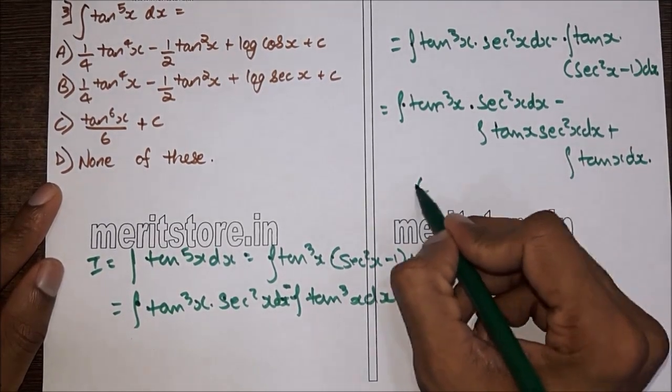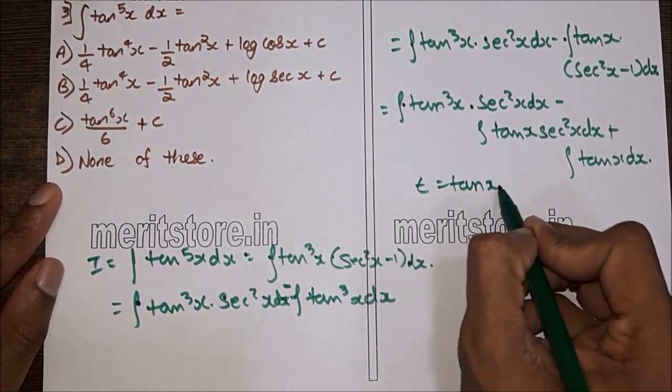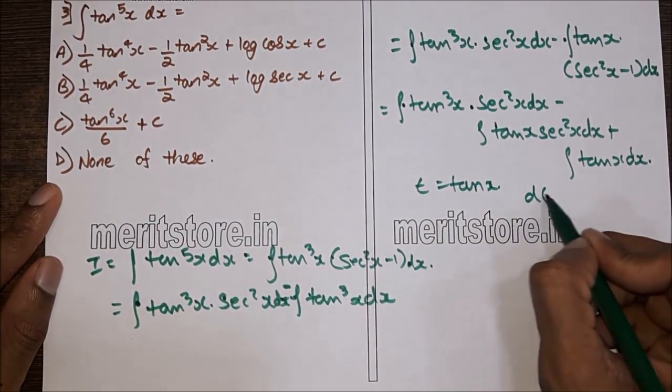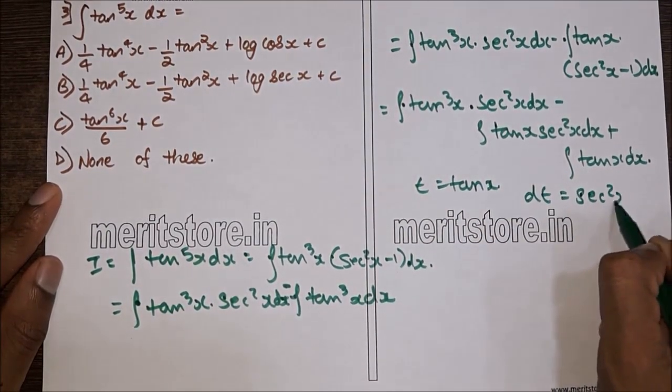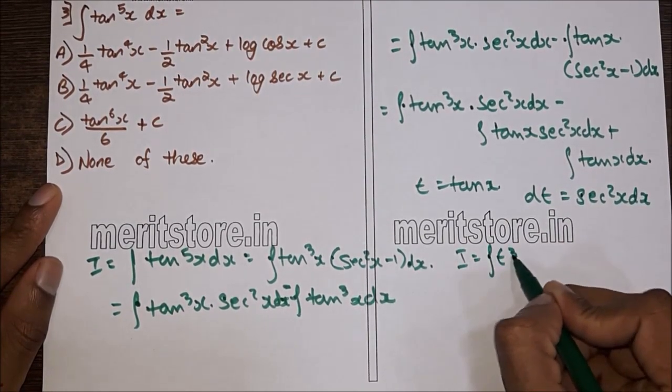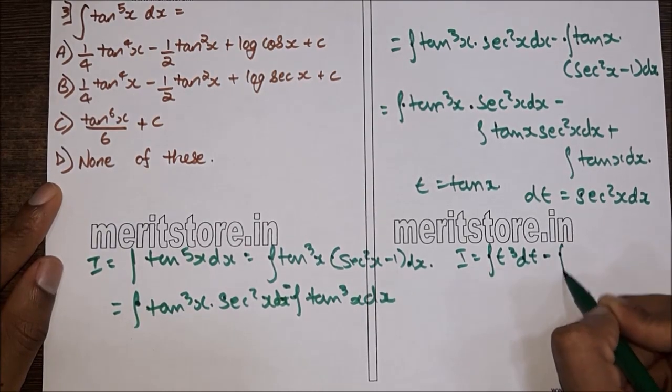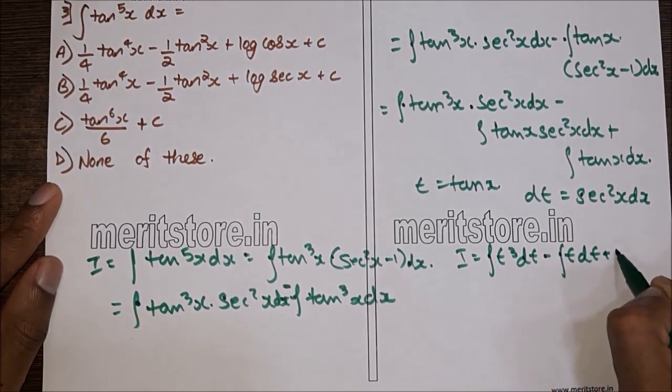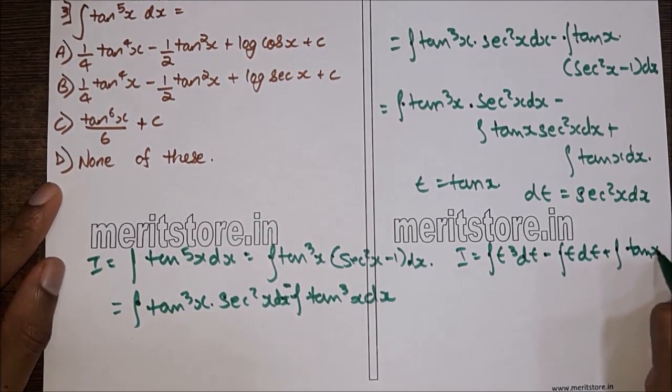For this, we put t is equal to tan x, differentiating both sides, we get dt is equal to sec square x dx, where we get I equal to integral of t cube dt minus integral t dt plus integral tan x dx.